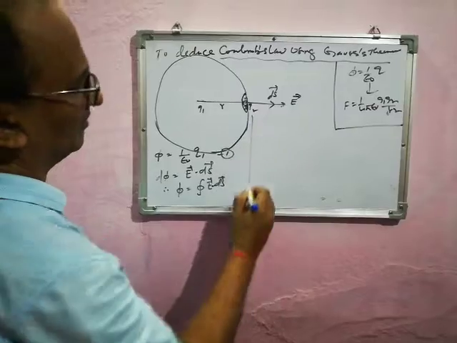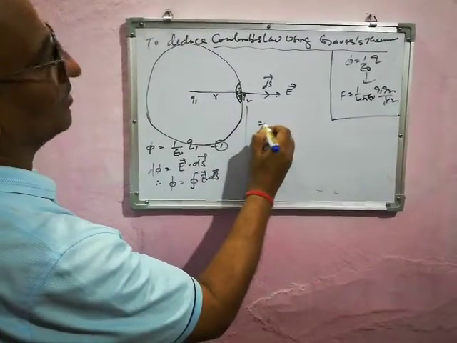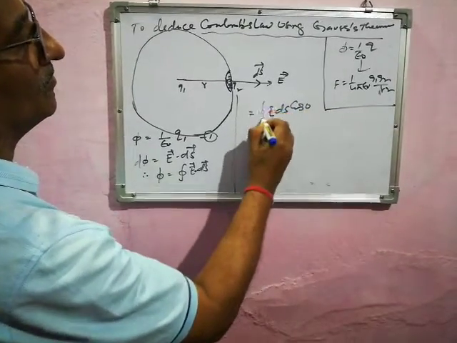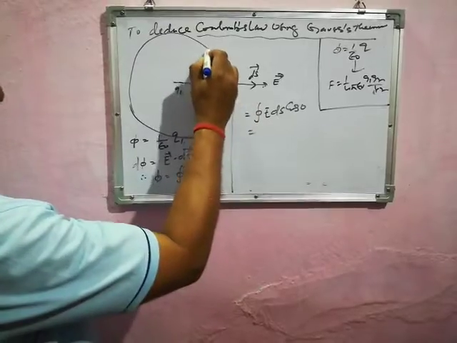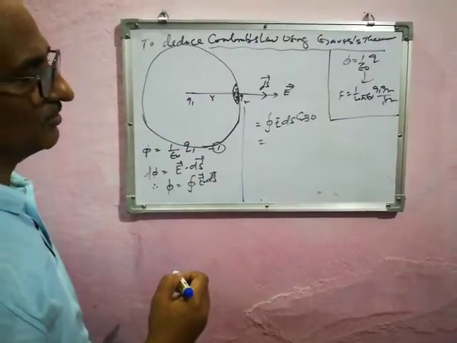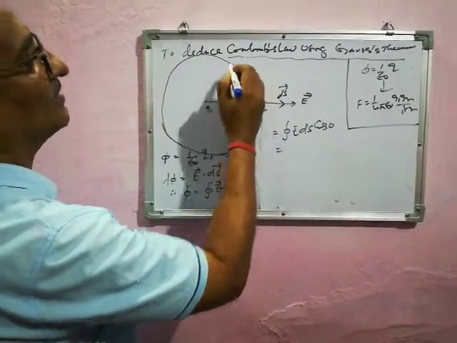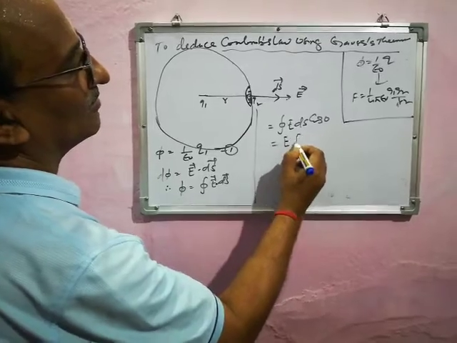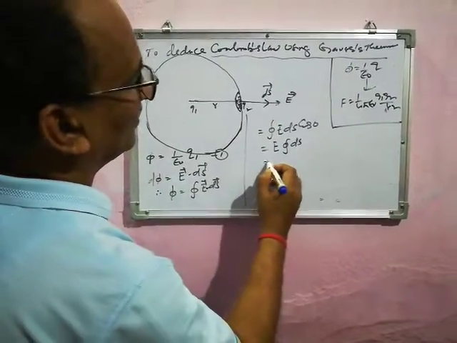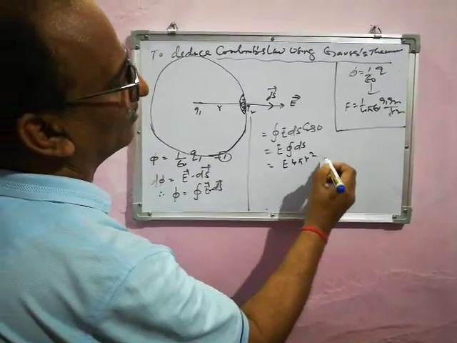Now it becomes equal to E ds cos 0, as the electric field is constant at every point of the Gaussian surface. So as the electric field is constant at each and every point, the integral is only for ds, and so it becomes equal to E, and the integral of ds is 4 pi r square.